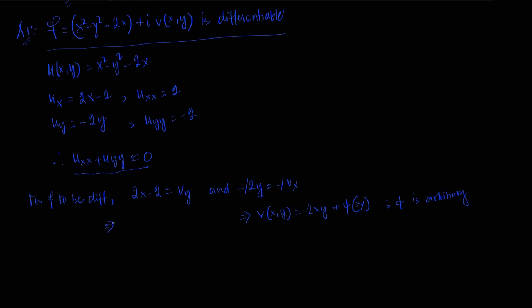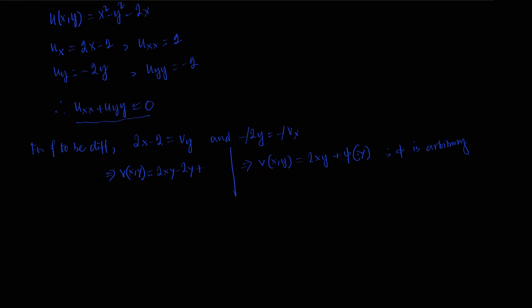Here also, if I take the integral with respect to y, v of xy becomes 2xy minus 2y plus, not phi, let's write it as psi, psi of x. Psi is arbitrary. I hope this is clear to you. We are just integrating the whole thing down, and this is what we end up with.